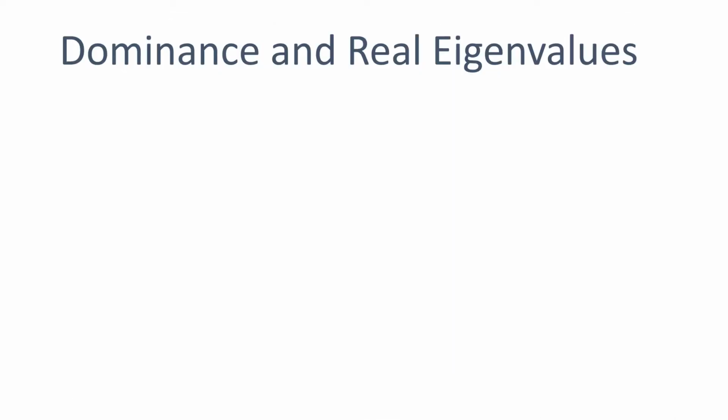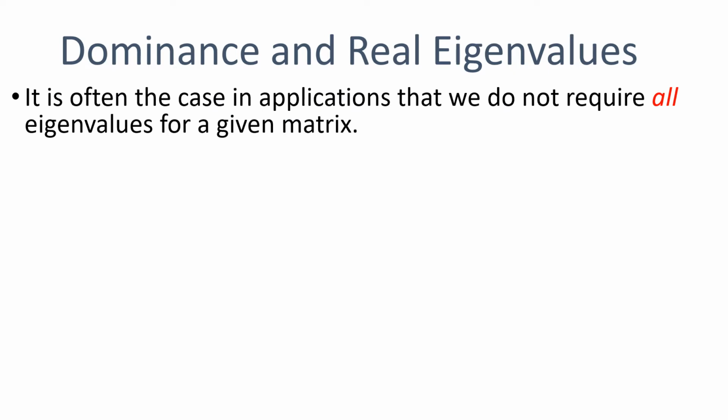So we saw we had this notion of dominance for eigenvalues, and we also saw it was possible for the eigenvalues of a matrix, since they arise as roots of a polynomial, these eigenvalues can be complex numbers. However, it's very often the case that we don't need every single eigenvalue for the matrix we've been given.